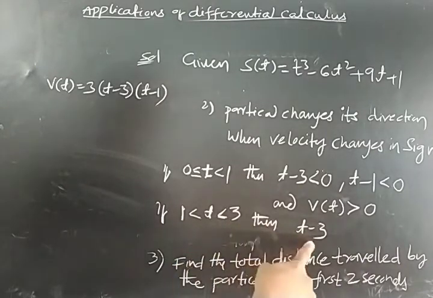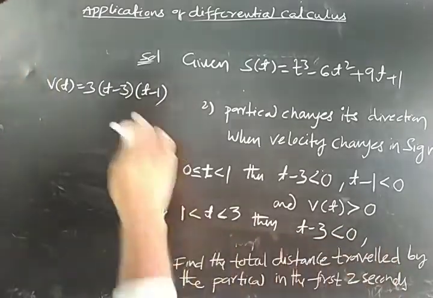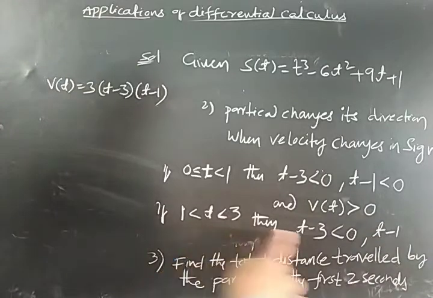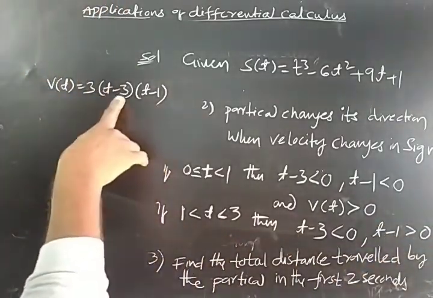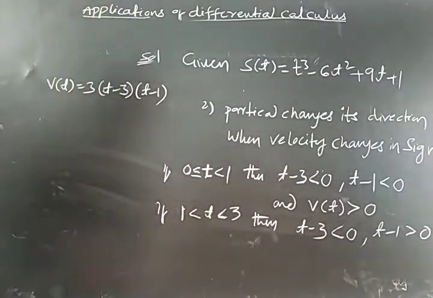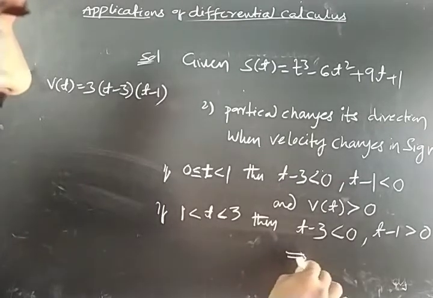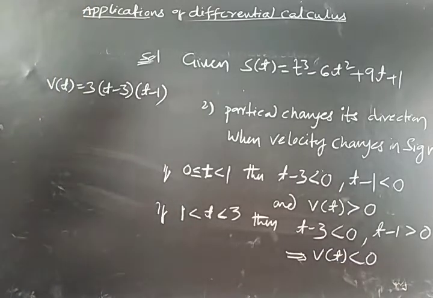The t value is less than 3, so t minus 3 will be negative. Now I'm checking the factor t minus 1: t is greater than 1, so this will be positive. This factor is negative, this factor is positive, negative into positive is negative, so v of t is less than 0.